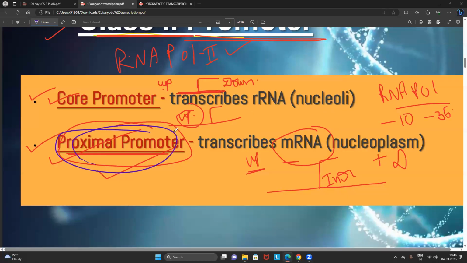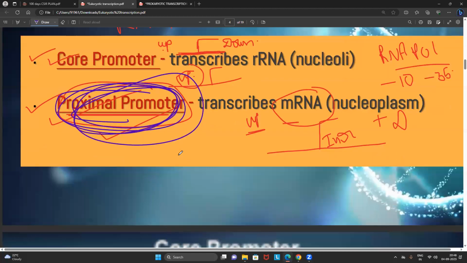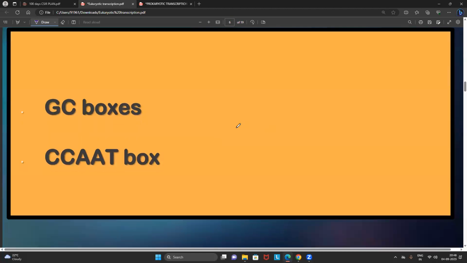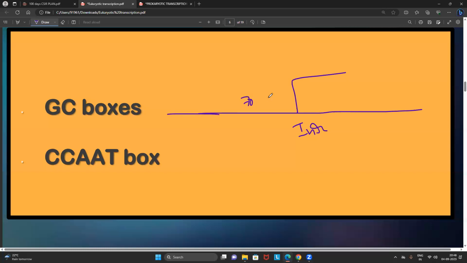But what is the other promoter? Most important promoter, proximal promoter. Where are the proximal promoters present? Every student listen. This is the INR. From the INR, every student remember, 70 to 75 nucleotides, minus 72, minus 75 nucleotides, there is a promoter present. That promoter is rich in G and C sequences.